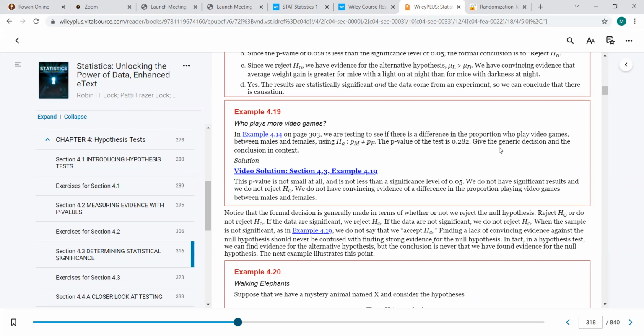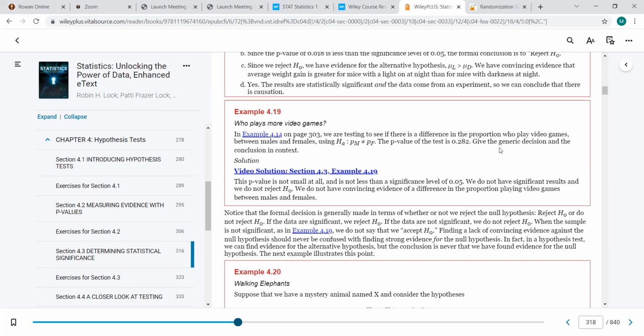What we have not learned, and what we will learn in chapter 6, is the formulas that need to be calculated. There are actual formulas that need to be calculated to come up with the p-value, because we're not going to be using StatKey at all when we take test number 3 and when we take our final exam.